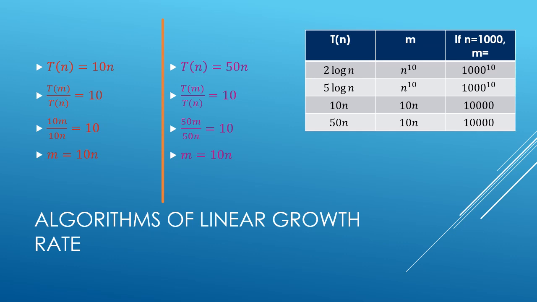So if the previous machine was handling 1000 data items in an hour, the new machine can handle 10,000 data items in the same hour. So I am getting as good a speed up for the problem size as the speed up of the computer.